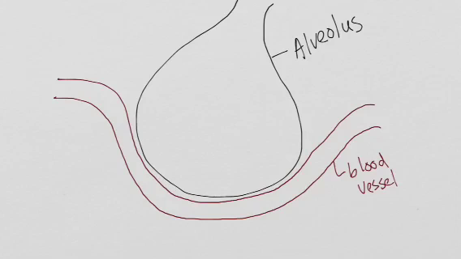So, the actual oxygen-rich air coming into the alveolus ends up coming in this way. So this is going to be O2, right? There's a lot of oxygen inside the actual little sac that is the alveolus. That oxygen has got to go from the alveolus into the actual blood vessel.